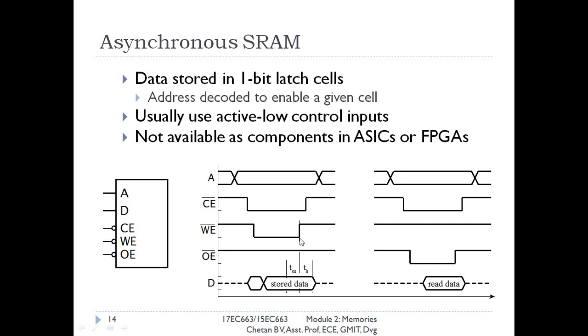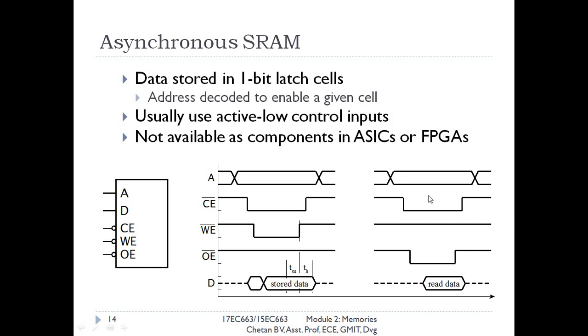In this example we have a rising edge on write enable. With respect to this, setup time and hold time for the data to be stored should be satisfied. That is, the data to be stored should be present on this line before the setup time. After this rising edge, the data should be held constant on the bidirectional line for the hold time.